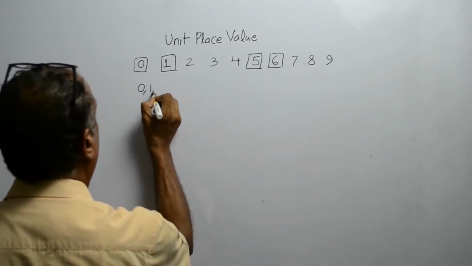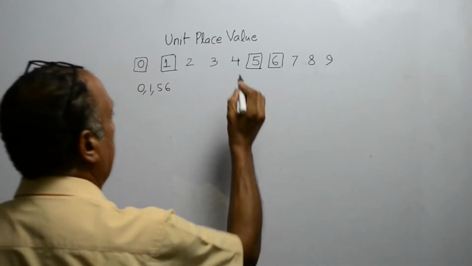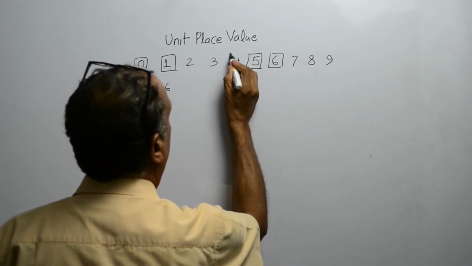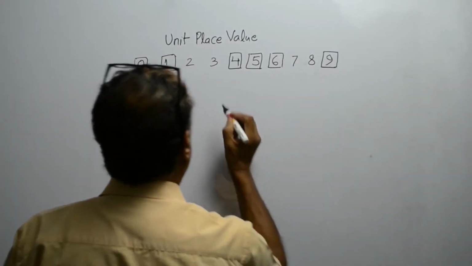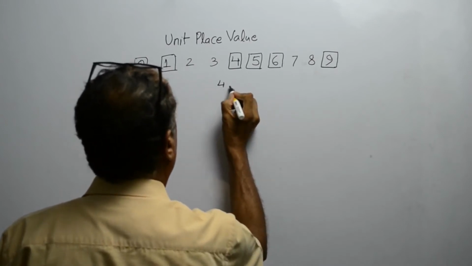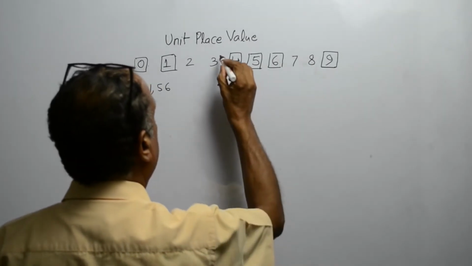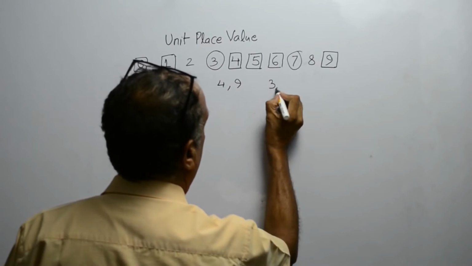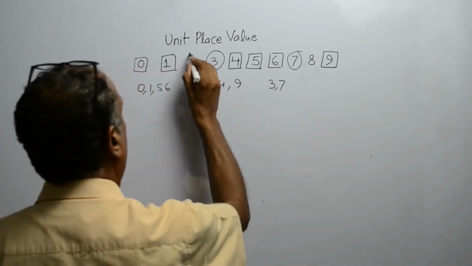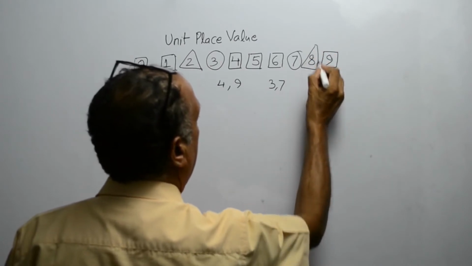In the second category, we are taking up 4 and 9. In the third category, we are taking up 3 and 7. And in the last category, we are taking up 2 and 8.